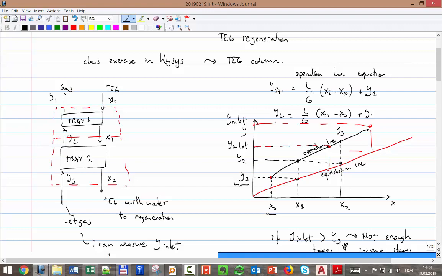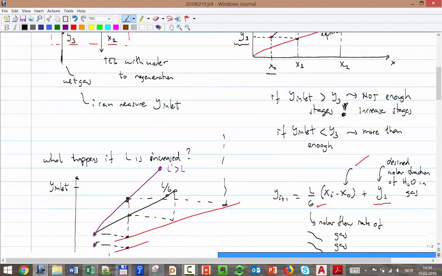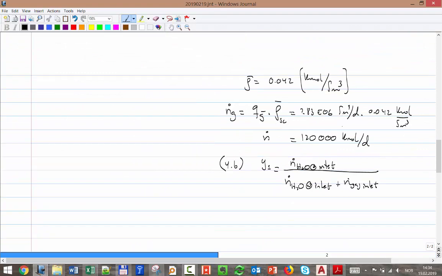Sorry, the stream coming out of the column, so it's out, not in. Sorry for that. So it's out, out, and out. How much water do we have at the gas outlet?